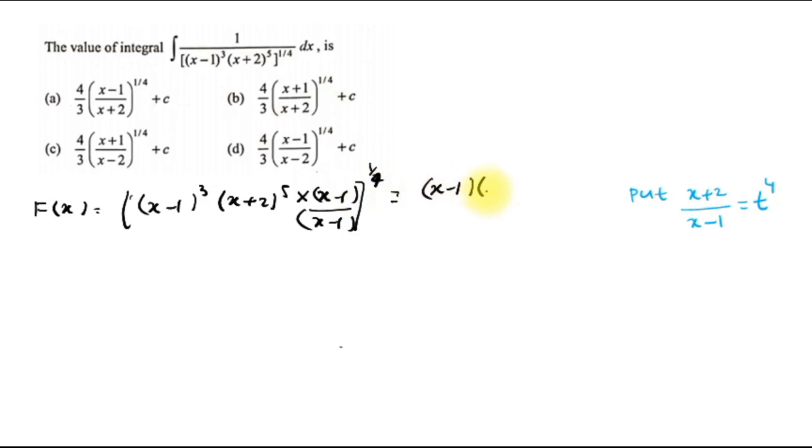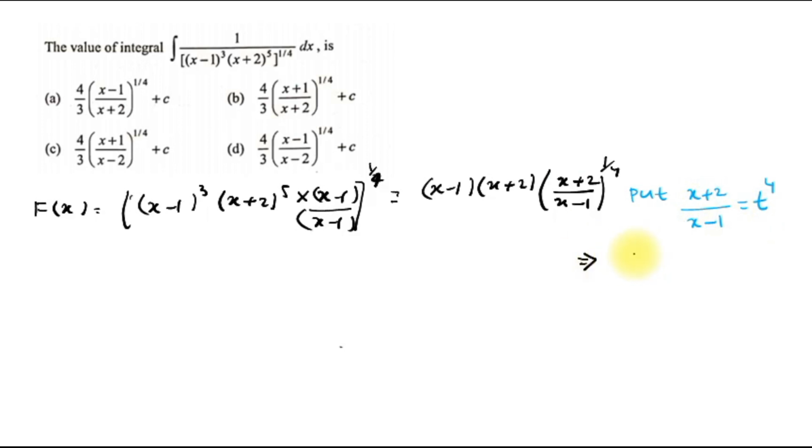Similarly for x plus 2, and the remaining portion is (x minus 1) (x plus 2) divided by (x minus 1) to the power 1 by 4. Now here we assume that (x plus 2) over (x minus 1) is equal to t⁴.